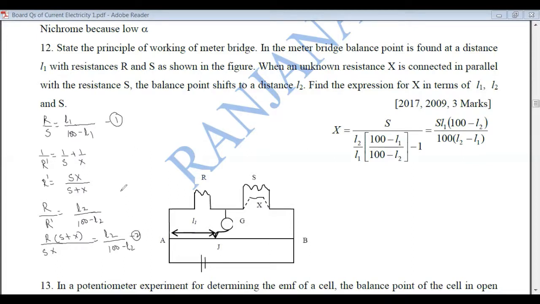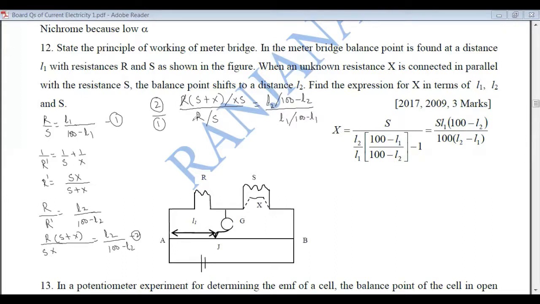Now let us divide these two equations, 2 upon 1. On the left hand side we get R into S plus X upon X into S, upon R by S, equals L2 upon 100 minus L2 divided by L1 upon 100 minus L1.